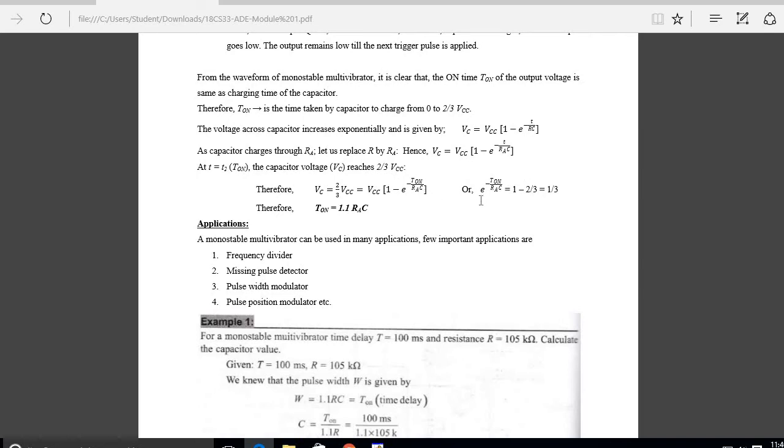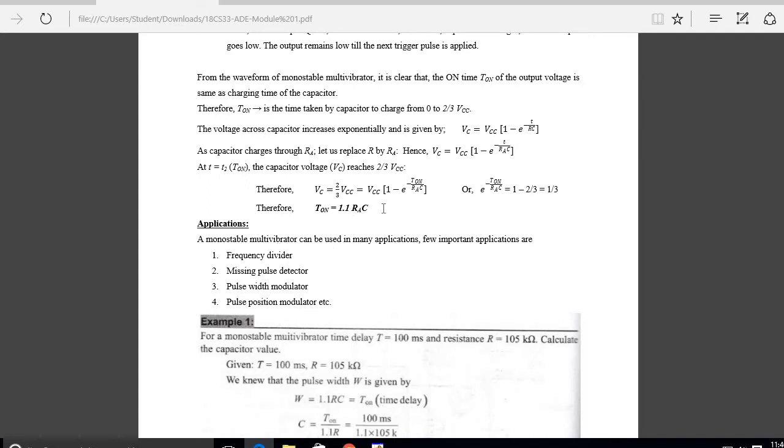And this is exponential of this thing equal to 1 by 1 minus 2 by 3, so this is 1 by 3. You have to remember this formula and this one and this one.